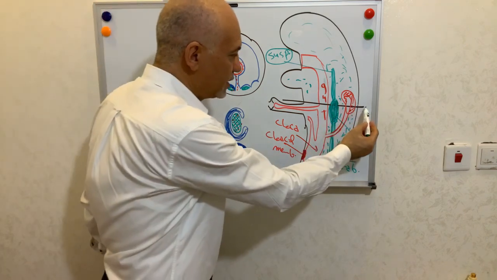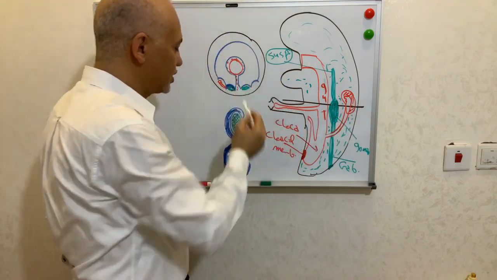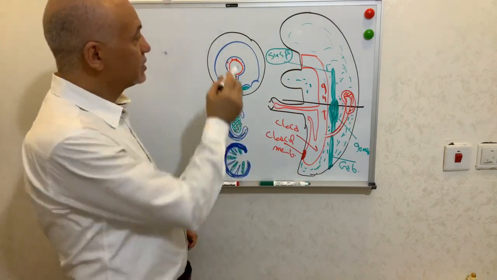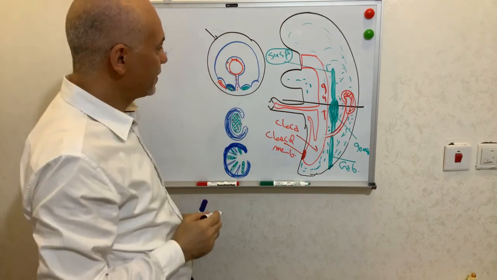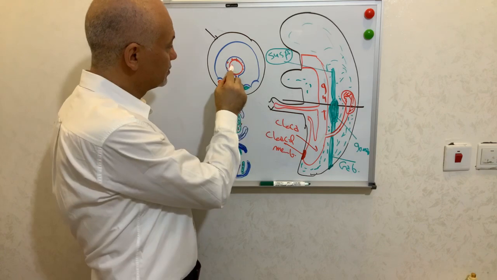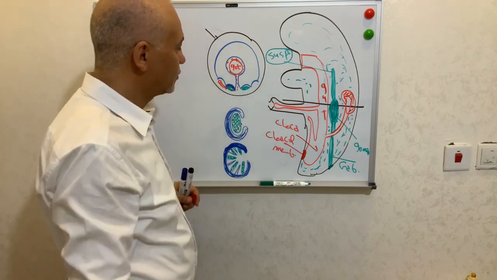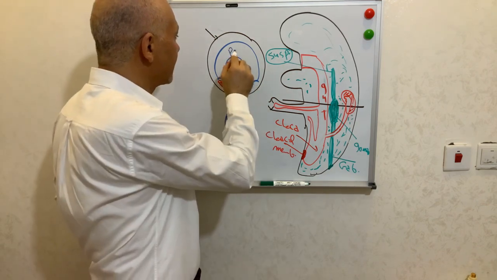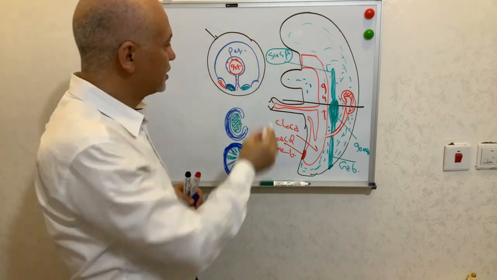Cross section in the embryo. This is the cross section. This is the outer layer of ectoderm, and this is the gut from endoderm. And this is the peritoneum or coelomic cavity.